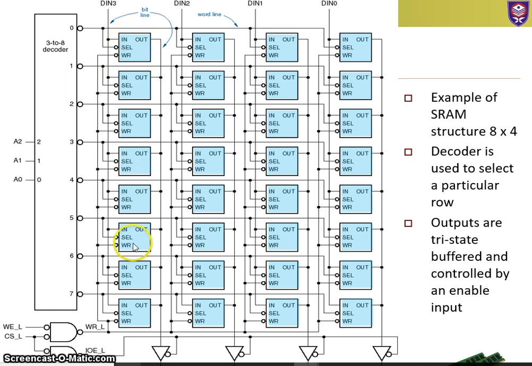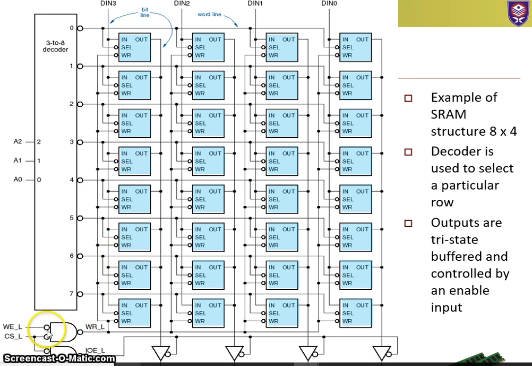Since we have 8 locations, for the decoder we need 3 inputs, so it is a 3 to 8 decoder. And this is the control part, whether we want a write operation or output operation, and this is to select which cell is activated.